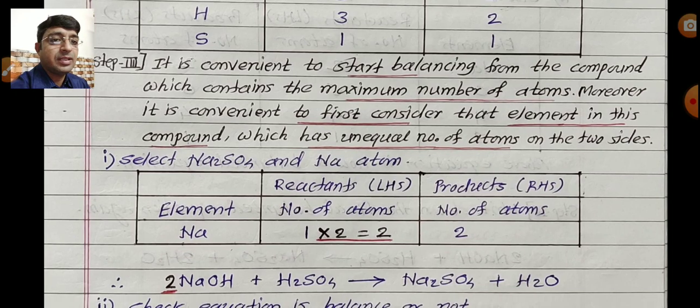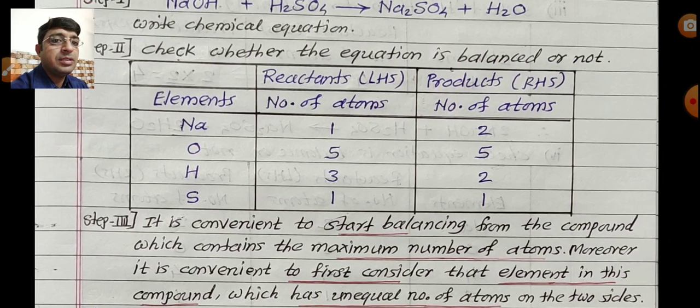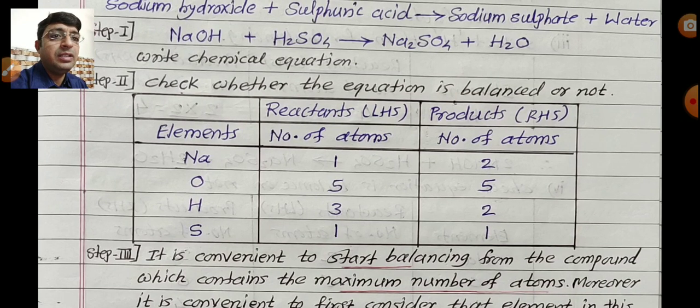Now check. So we balance the equation in this step number 3. Sub step first, select Na2SO4, and in this Na2SO4 we select the atom sodium. Na2SO4, how many atoms are here? Total 7. And on the reactant side also 7 atoms are present in H2SO4. So we consider any one compound.